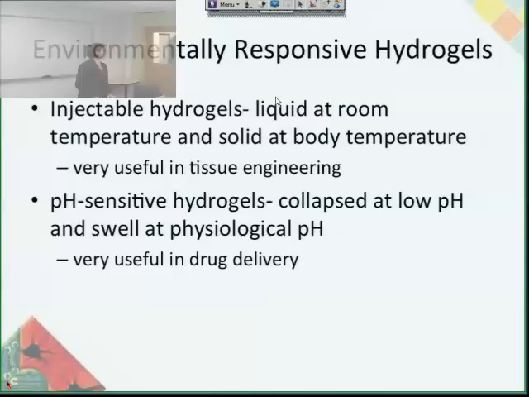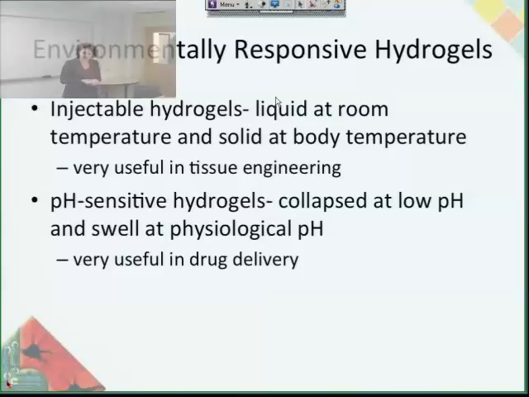And pH-sensitive hydrogels might be collapsed at a low pH and then swell at a high pH. So that's extremely useful in drug delivery because if you take a drug like a pill, you don't want it to actually release the drug until it gets past the harsh environment of the stomach. It needs to get into the large intestine and the small intestine in order to actually release the drug into the bloodstream.